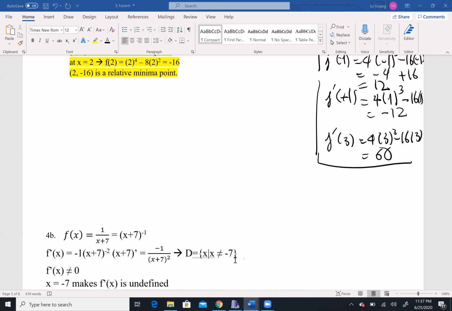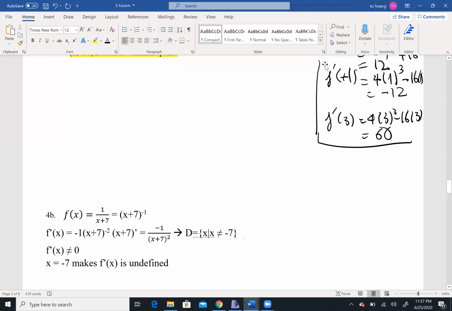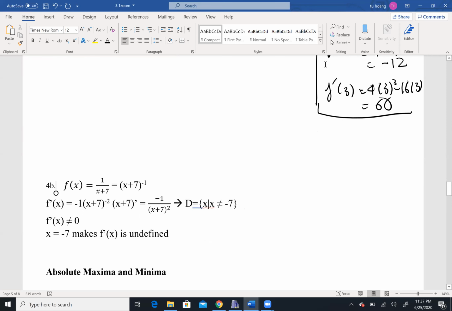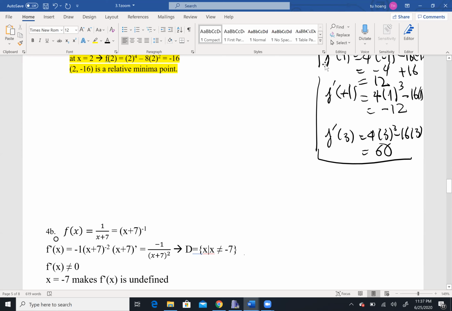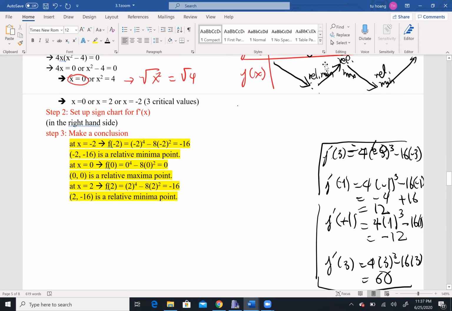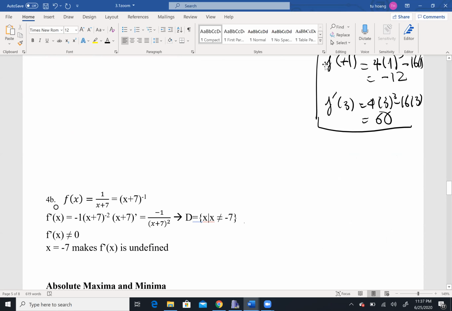Okay, let me see if I missed some information. Okay, so 4b is still looking for the relative extrema. If we have, right, find the relative extrema.